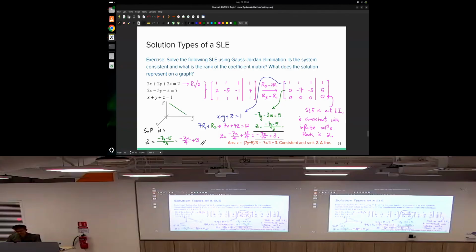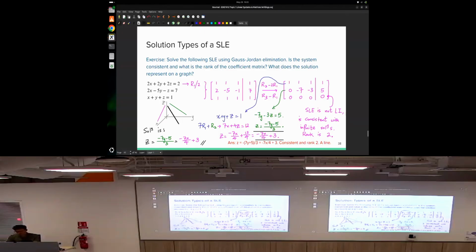Then what about the pink line? The pink line is on the zx plane, correct or not? So therefore, maybe the pink line looks something like that. So how is it possible that you get projection onto the zy plane, giving us the green line, projection onto the zx plane, giving us the pink line? That means your solution must be a line in the 3D space, right? Maybe looking something like that.